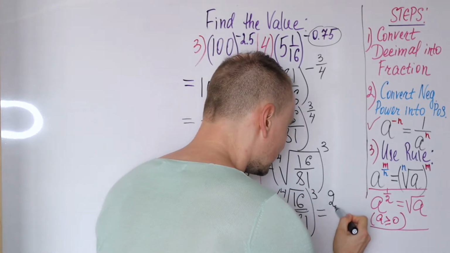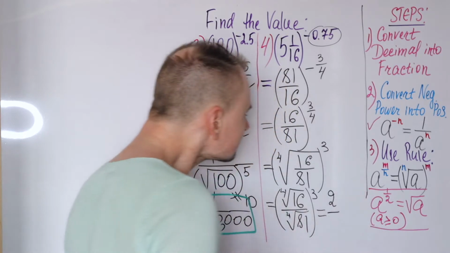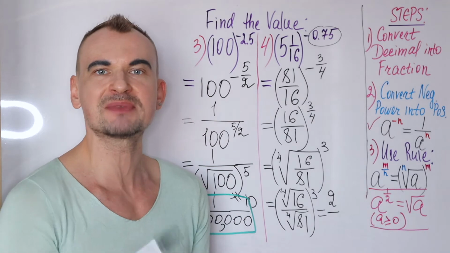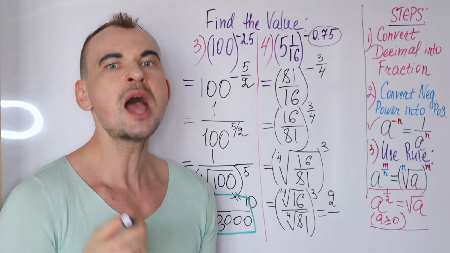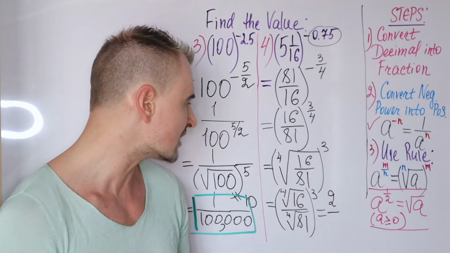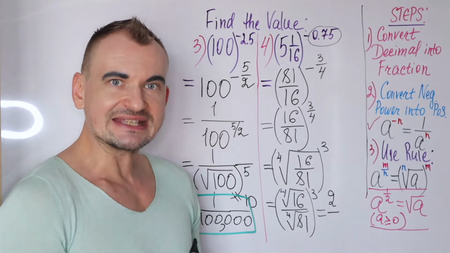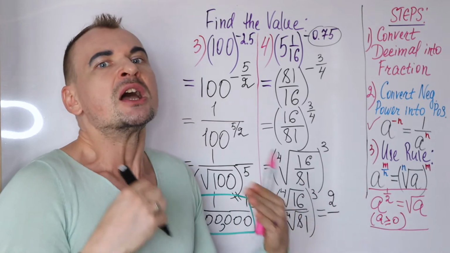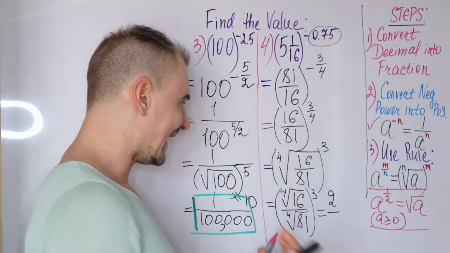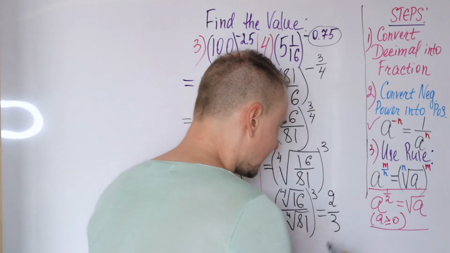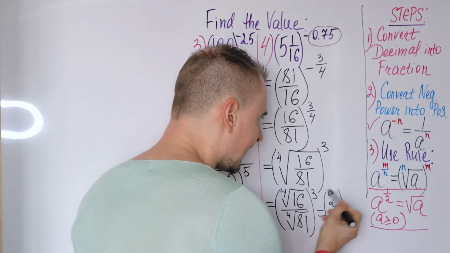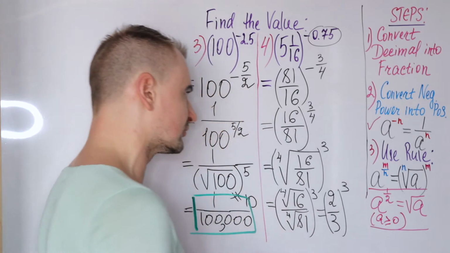So it's 2 over, and the same idea goes for the bottom. What number has to be multiplied by itself 4 times in order to obtain 81? The answer is 3, since 3 times 3 times 3 times 3, 4 times, leaves you with 81. So it comes out to be 2 over 3. And do not forget this cubed, so it's outside.